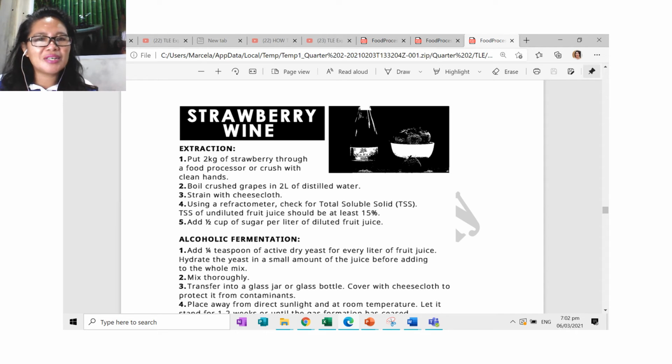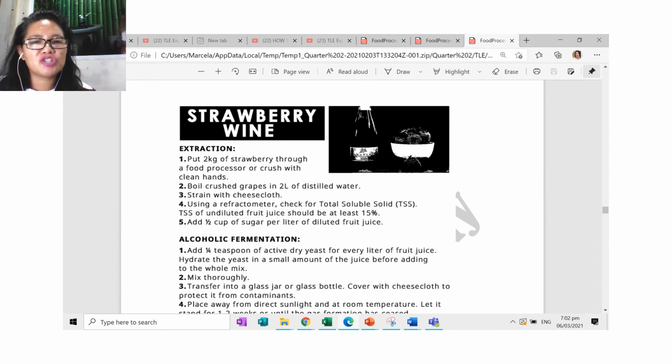Then boil the crushed strawberries in 2 liters of distilled water. Then you strain with a cheesecloth.